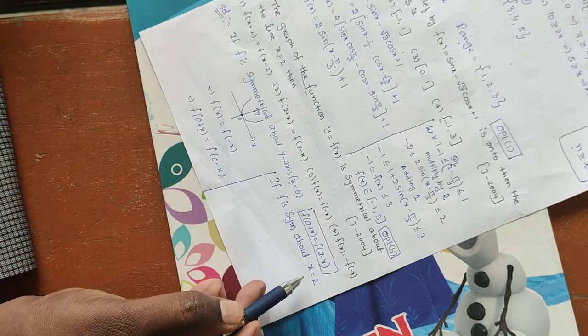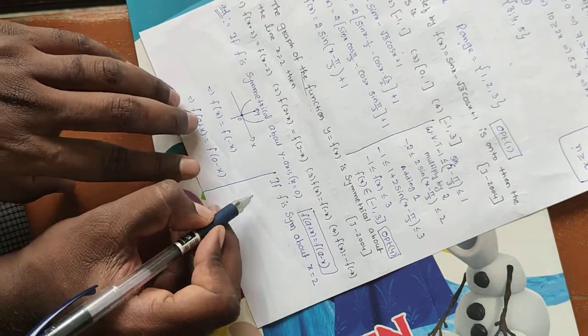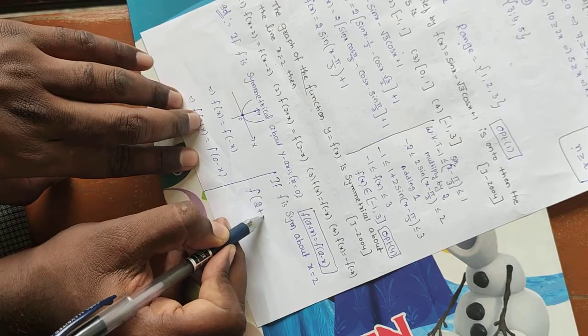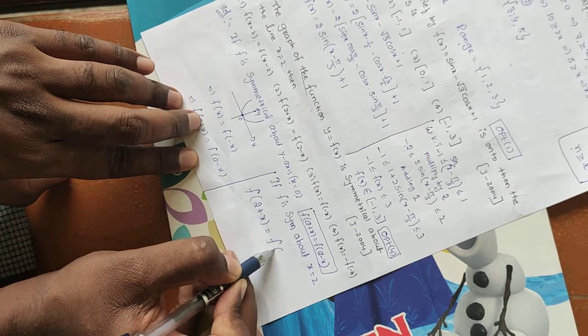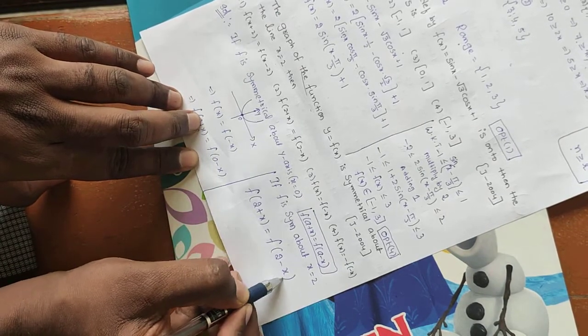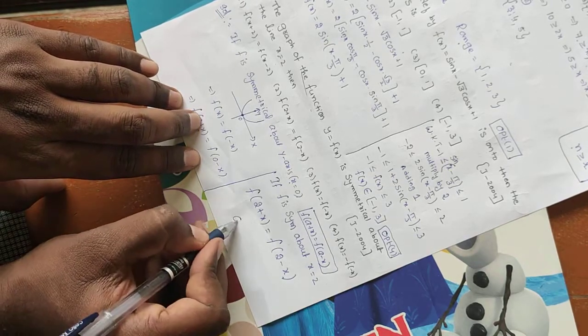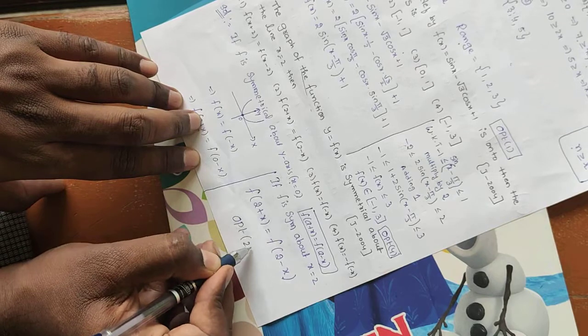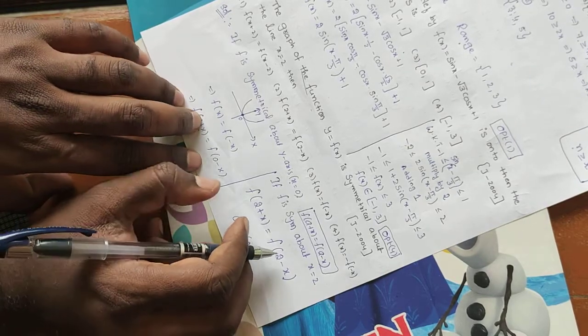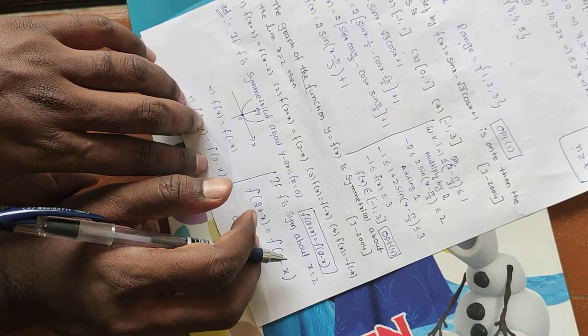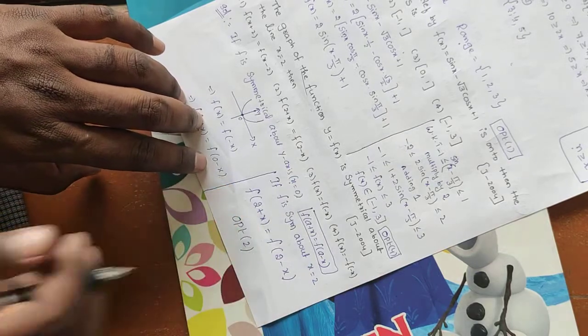In place of a you substitute 2, then what will you get? f of 2 plus x is equal to f of 2 minus x. This is the final answer, that is nothing but option 2 is the correct answer for this question number 49.